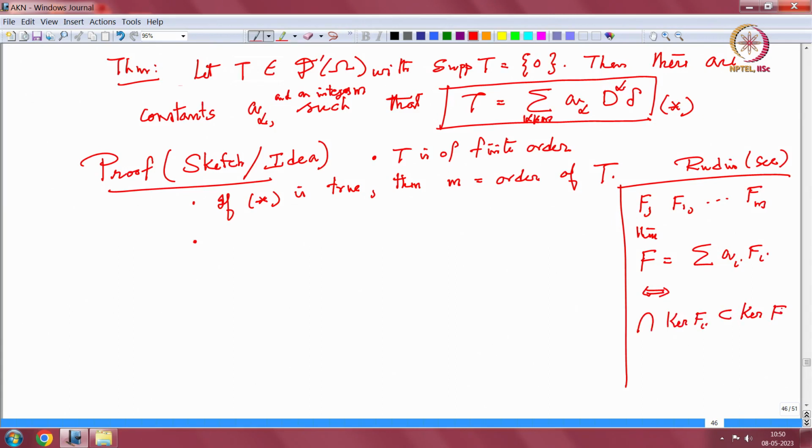That means if f_i of x vanishes for all i, then f of x vanishes.